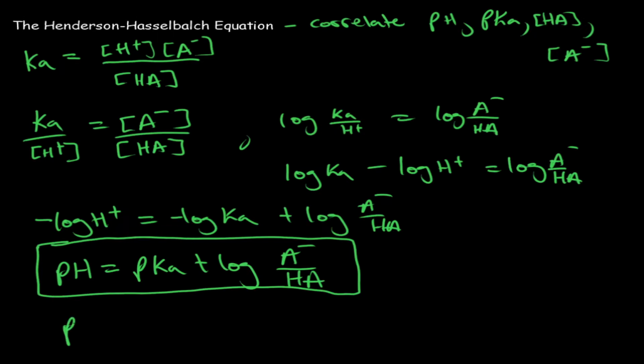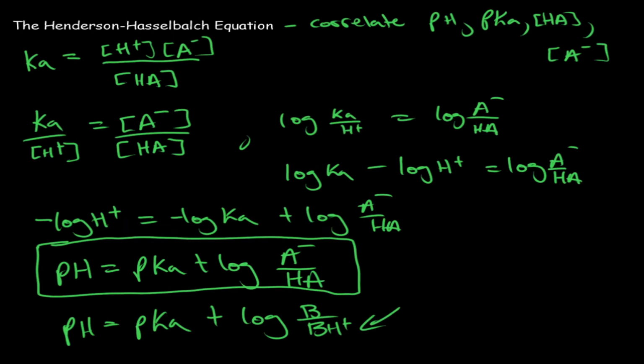For a base, the pH is equal to pKa plus log B over BH plus. So it's pretty similar. We use pKa in our base equation as well, and we have the conjugate acid at the bottom and the weak base at the top.